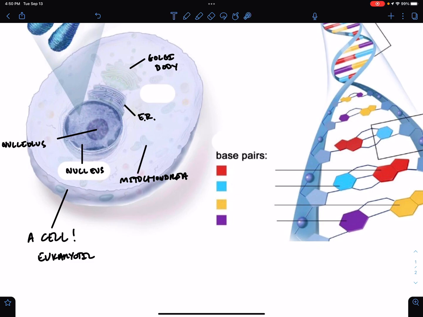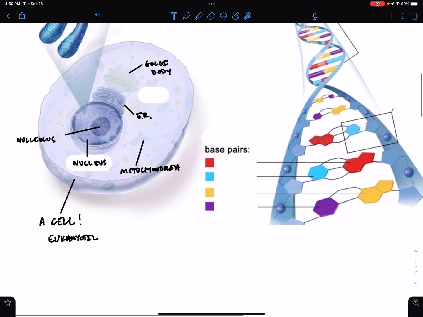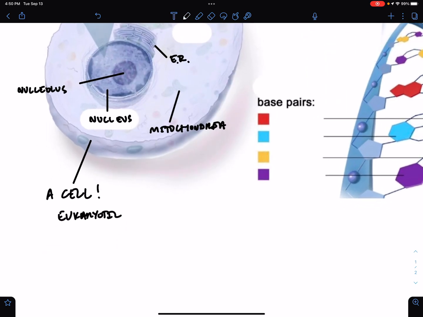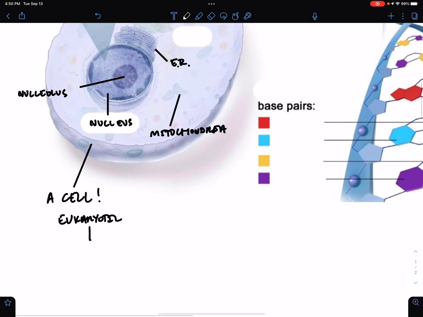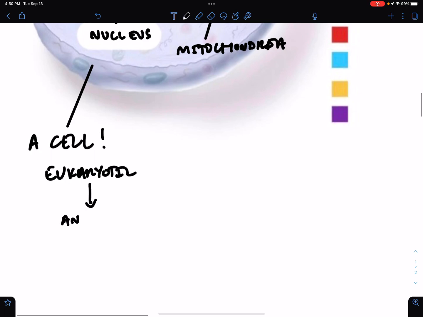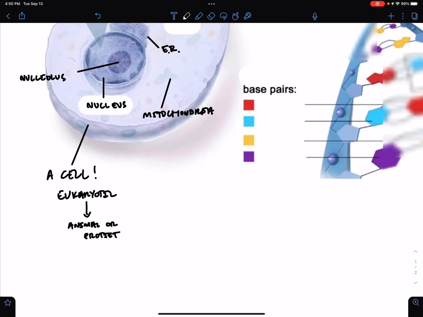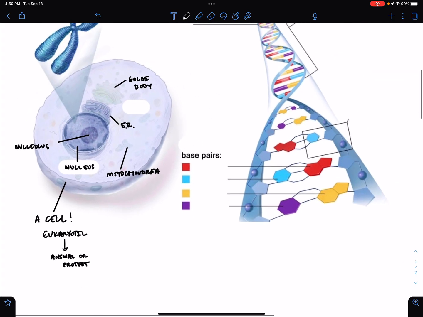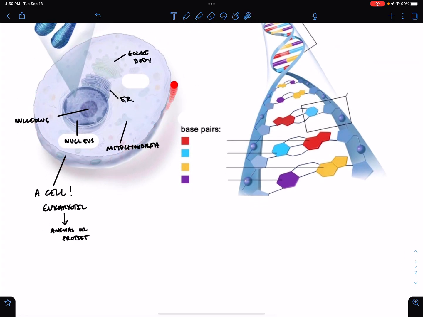More on what all these organelles do later on in the year. So we know it's a eukaryotic cell because it has a nucleus and membrane-bound organelles. And further than that, we know that it must be either an animal or a protist because it has no cell wall.